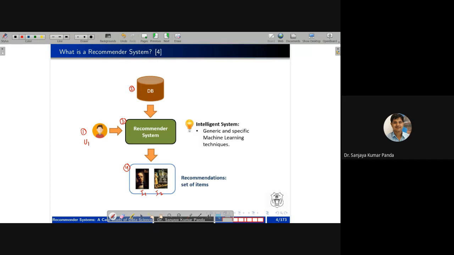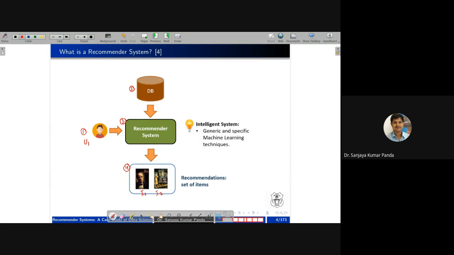So in order to design the intelligent system, what do you need? You need machine learning techniques. You have to see various types of machine learning techniques that you have learned, like supervised learning, unsupervised learning, reinforcement learning, or any advancement of learning. You have to apply such techniques because you have the database. In the database, you have the details of the user and the details of the item.